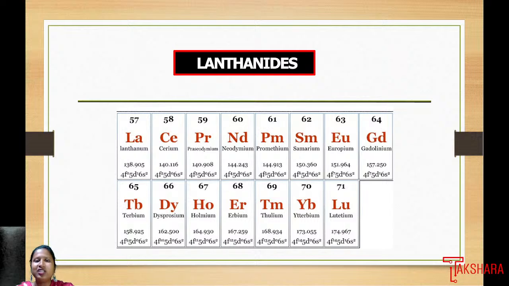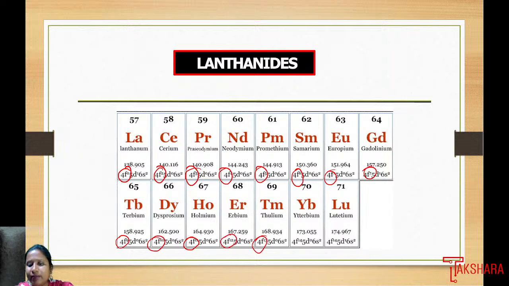All these elements we call lanthanides. Here you can observe electrons entering the f orbital: 4f0, 4f2, 4f3, 4f4. Since the last valence electrons enter the f orbital, we consider all these elements under inner transition elements, or F block elements.